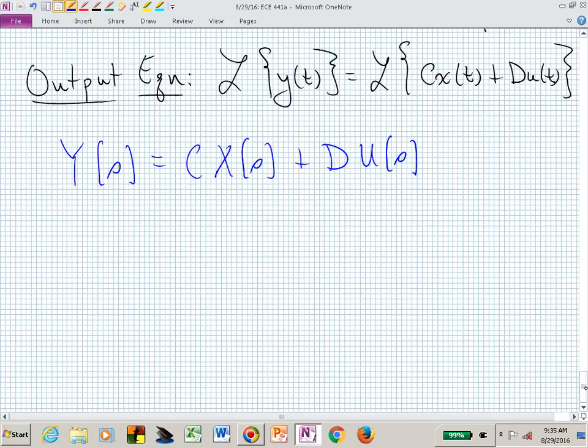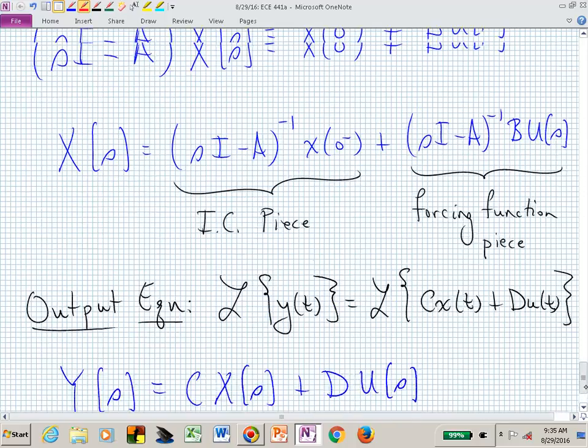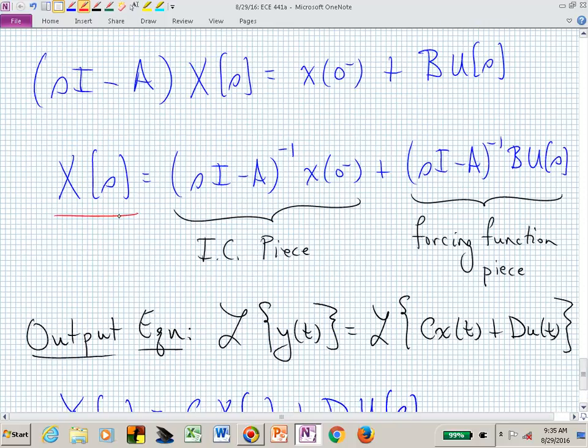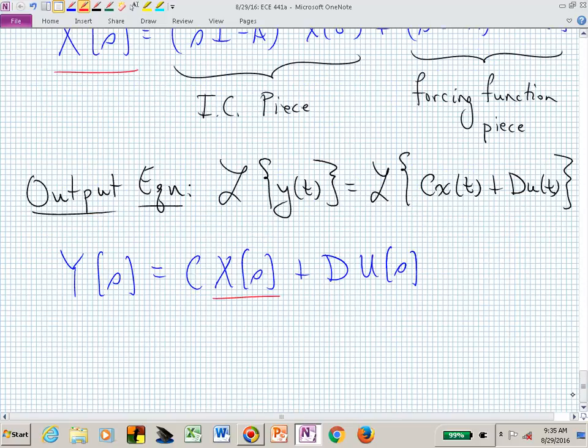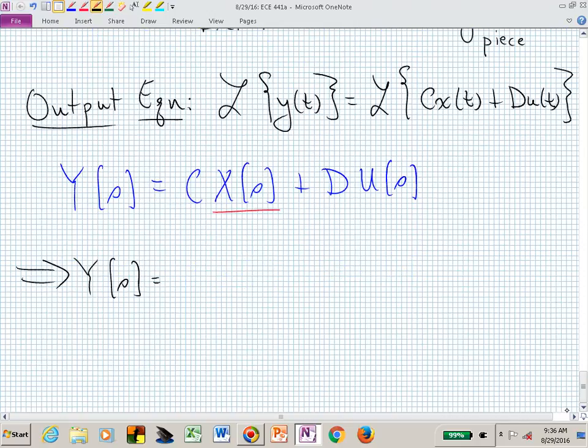And what I want to do now is substitute this X(s) right there. All of that right-hand side I want to put in right here for capital X(s), which allows me then to find my output Y(s) in terms of initial conditions and inputs.